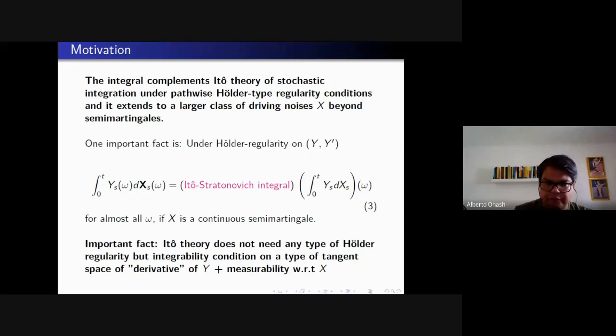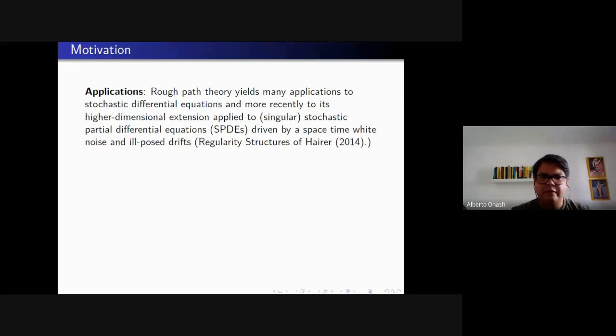Okay, so for people who are familiar with Malliavin calculus, the tangent space here is the Cameron-Martin space, and measurability means adapted with respect to the driving noise. Rough path is now a huge research field with many applications to stochastic differential equations, and more recently to SPDEs, and more specifically to singular SPDEs that I think Dirk is going to talk about later on.